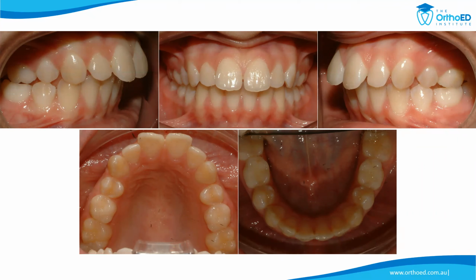It's class 2. The canines are a one unit class 2. On the right side, and on the left side, half a unit. So half a unit class 2 on the left, a full unit class 2 on the right. And we've still got the lower E's present. Correct. And the upper E's. There are too.